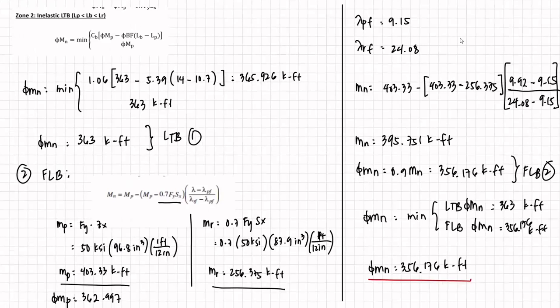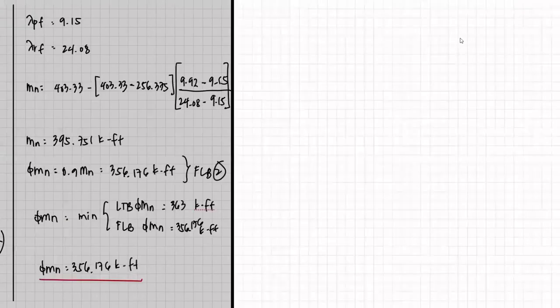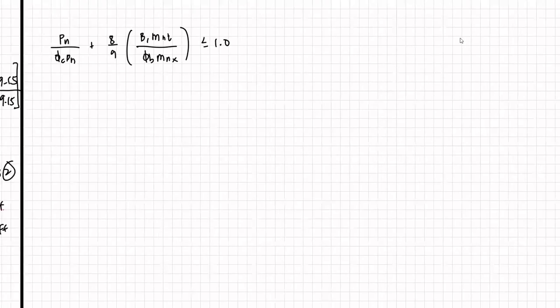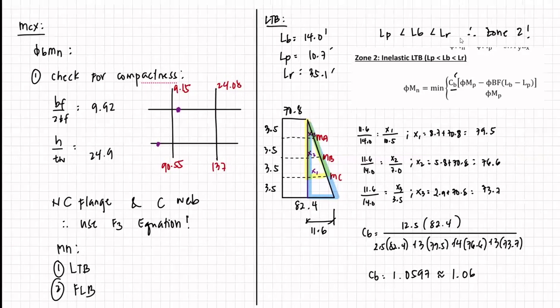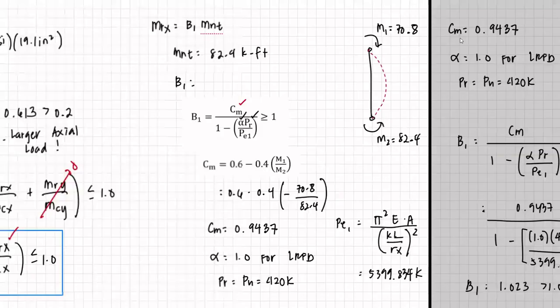So, pwede na natin gamitin yung interaction equation natin. So, that is yung Pu over PcPn plus 8 over 9. Yung ating P1 Mnt over VbMnx less than or equal to 1.0. Okay? So, yung Pu natin, kunin lang natin dito sa first equation natin, that is 0.613.